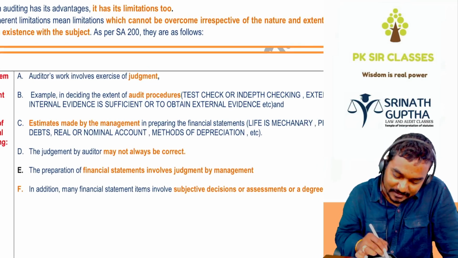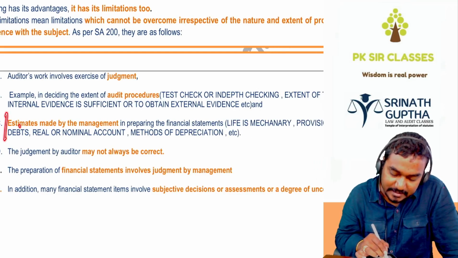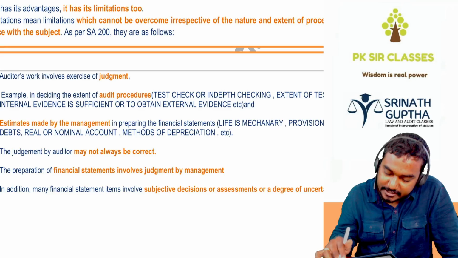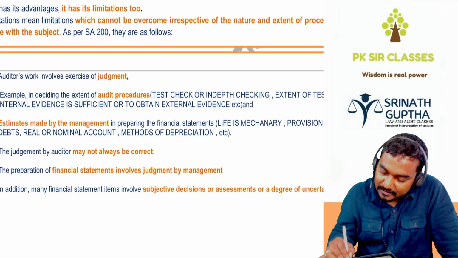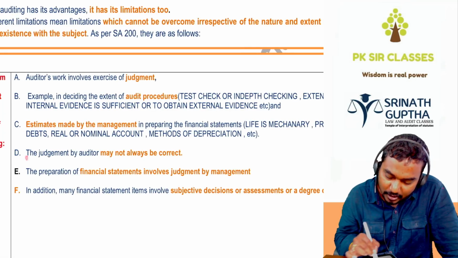For example, the estimates made by management in preparation of financial statements, like the life of the machinery, like provision for bad debts. Judgments made by management may not be correct.